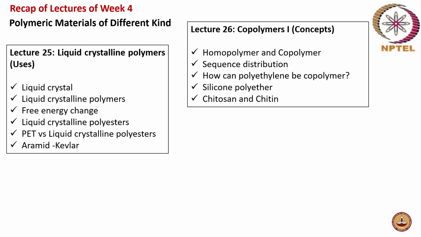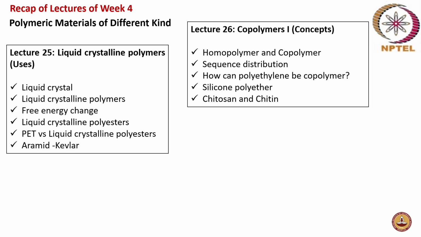And then lecture 26 was on copolymers. Here, the homopolymer and copolymer. What is the difference between a homopolymer and copolymer? In homopolymer, it is a single type of monomer you could find, whereas in case of copolymers, two different types of monomers you can find, and these two monomers can individually polymerize as well.